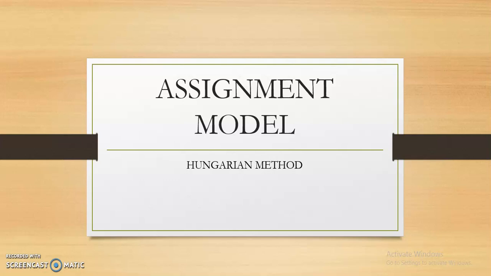Here we have to make a concrete, scientific decision. We have to prove which machine should be assigned to which of the workers. So how? The Hungarian assignment method gives us the solution.